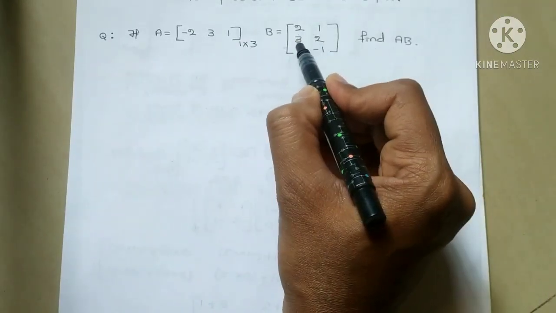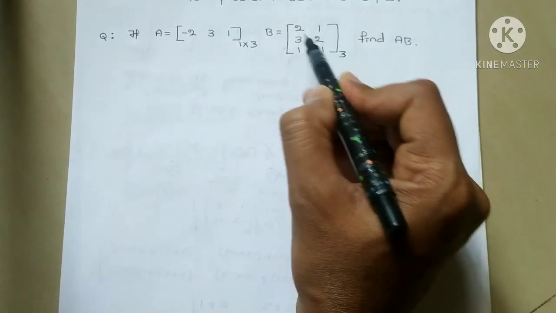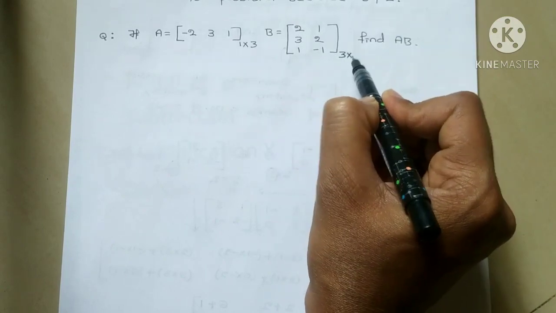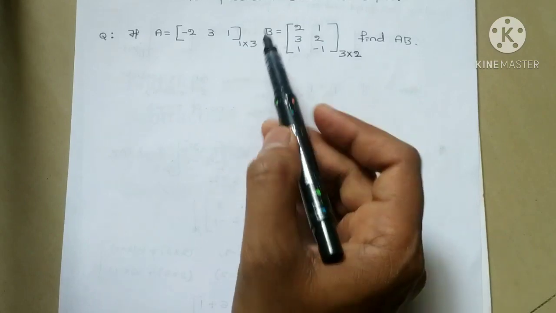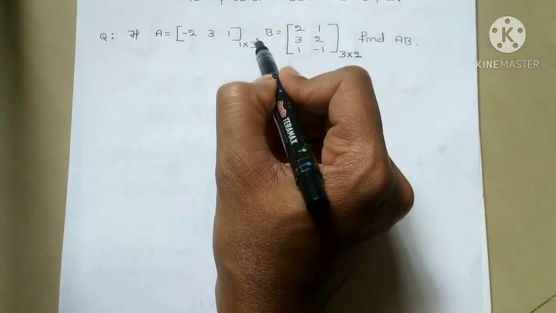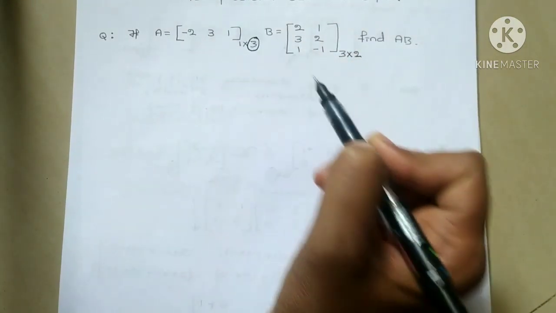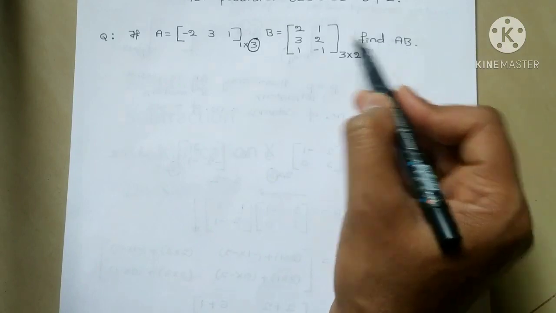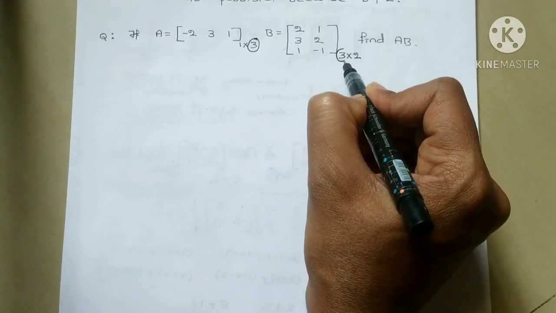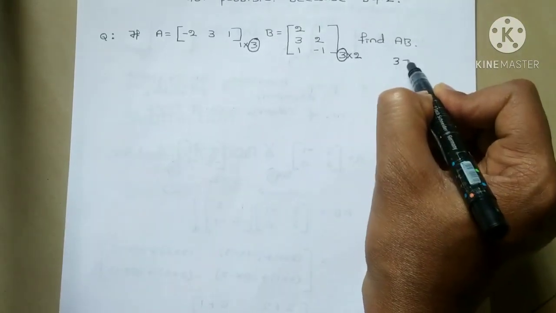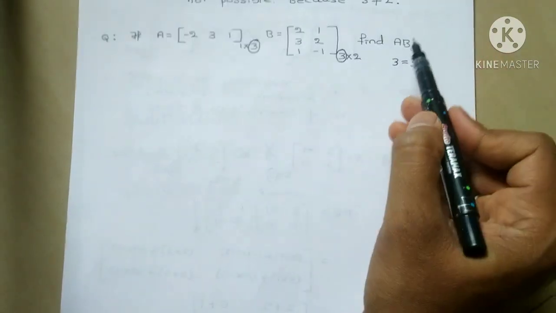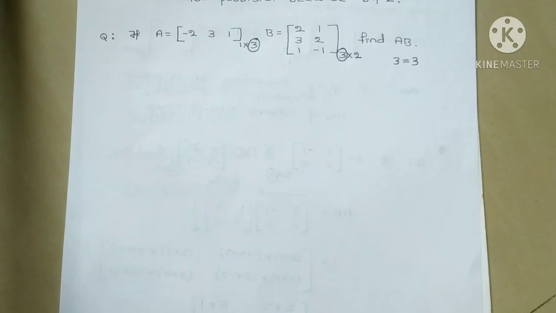Second matrix, how many rows? 3 rows. How many columns here? 2 columns. So you can check first matrix, number of columns. How many are there? 3 are there. Second matrix, number of rows. How many are there? 3. So 3 is equal to what here? 3. Therefore A into B is possible.